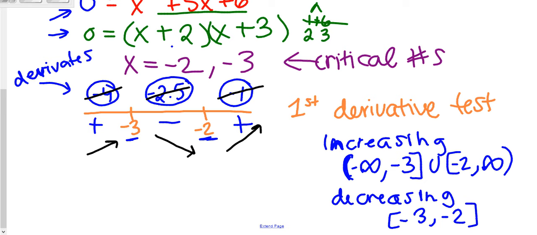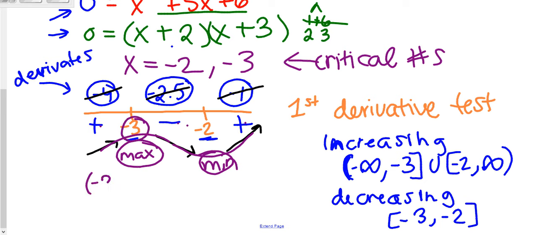So my sign changes from positive to negative here, and from negative to positive here. Here I will have a maximum. Here I will have a minimum. Now that I've identified what they are, I need to find the ordered pairs. So the maximum x value here is negative 3. The minimum x value here is negative 2.